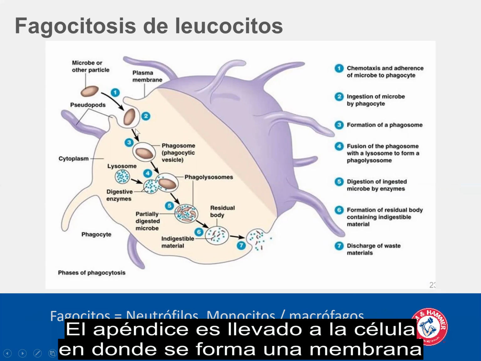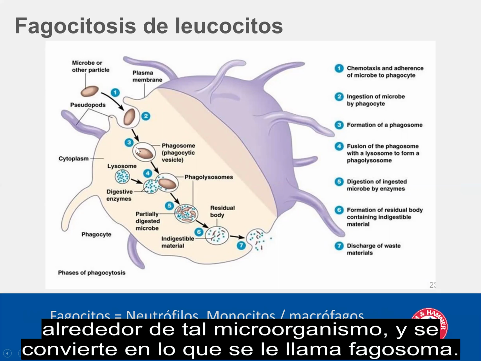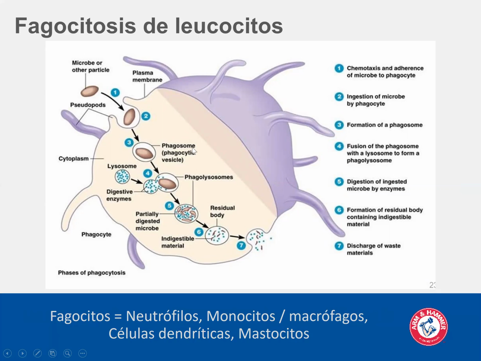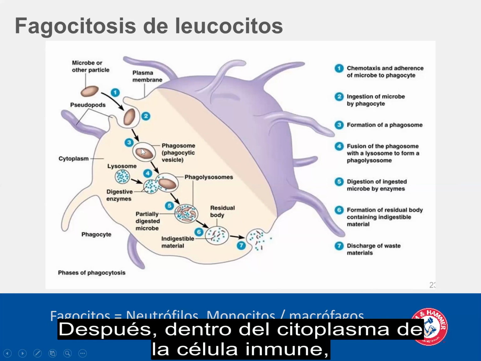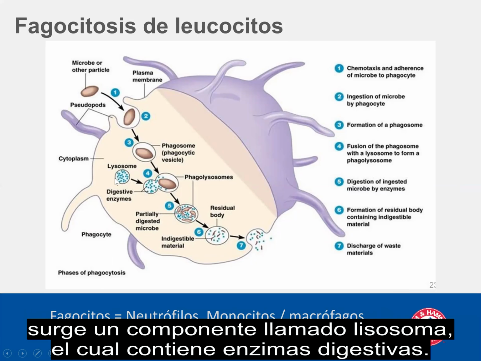So it brings it into the cell and forms a membrane around that microorganism that becomes what's termed the phagosome. Inside the cytoplasm of the immune cell is a component called the lysosome, and the lysosome contains digestive enzymes.